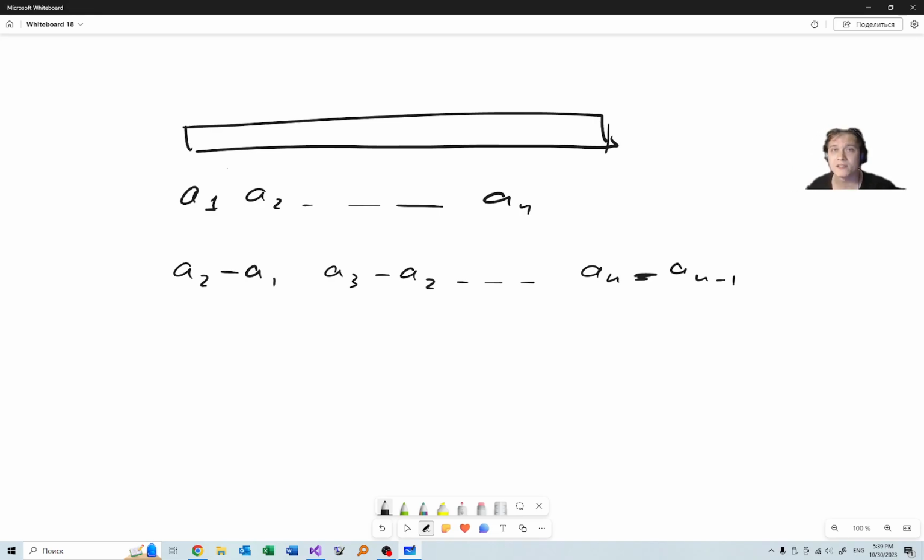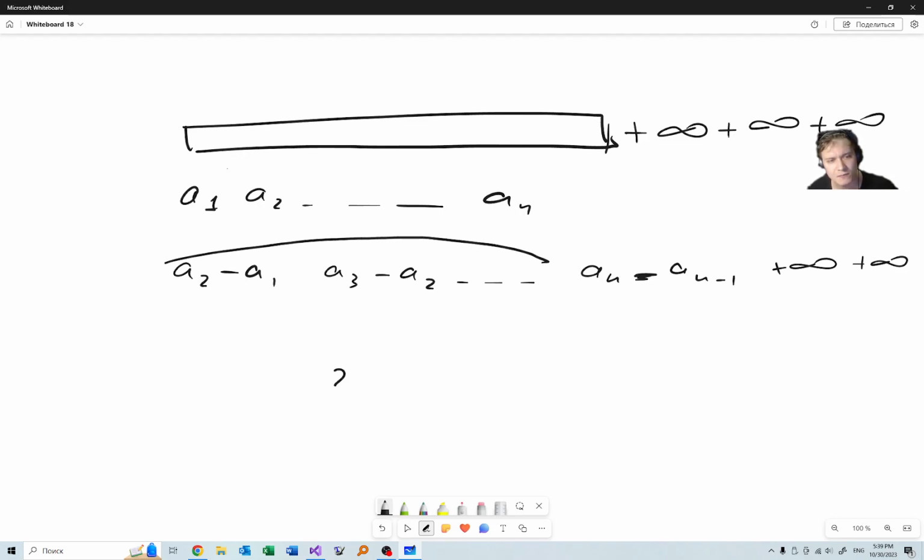So what happens with this array? And let's also think that we have plus infinity after this array. In this statement, we can subtract 1 from any prefix of size power of 2.